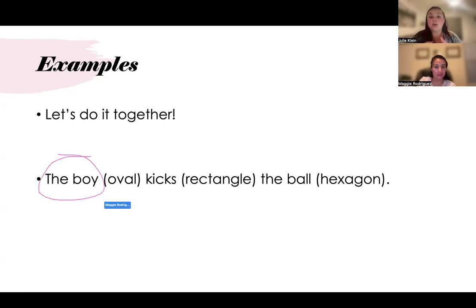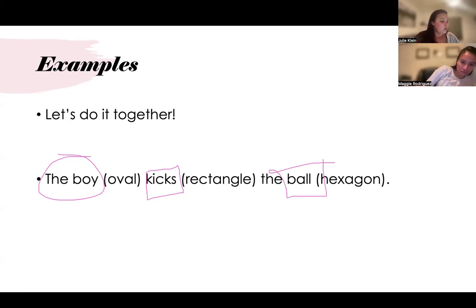Kicks is our rectangle, and remember what our rectangle is? The verb. Yes. And then the hexagon is going to be the what or who the action happens to. So we're kicking the ball, so we're going to put a hexagon around that. That's our new shape that we're talking about. All right. So who is doing the kicking? The boy. And what is he kicking? The ball.